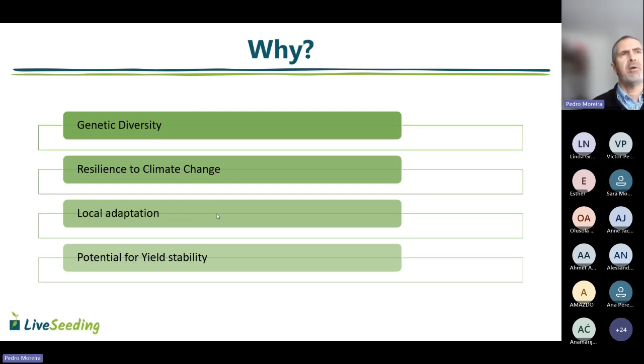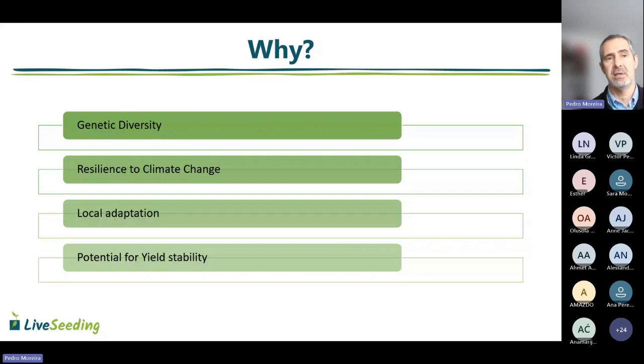And one of the aspects that is quite important, and is being used in CCPs, and the example that Adrian provided to you, is yield stability. One of the papers on wheat indicates that even if you have a population that is a mixture from several origins, you can end up with a more stable yield.